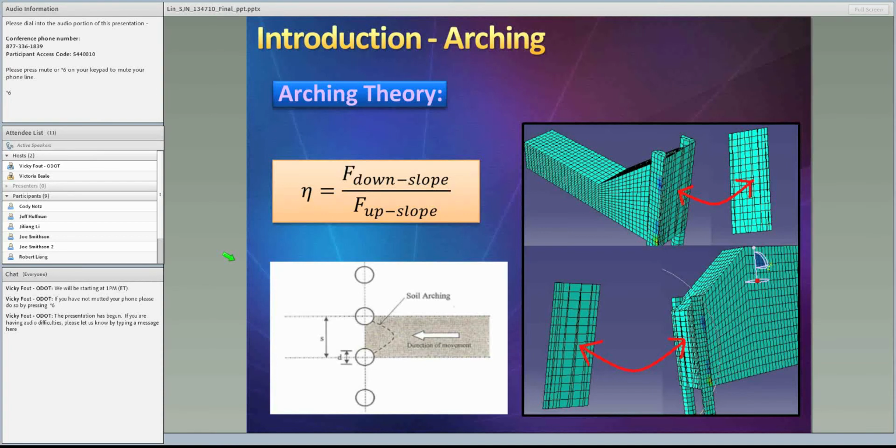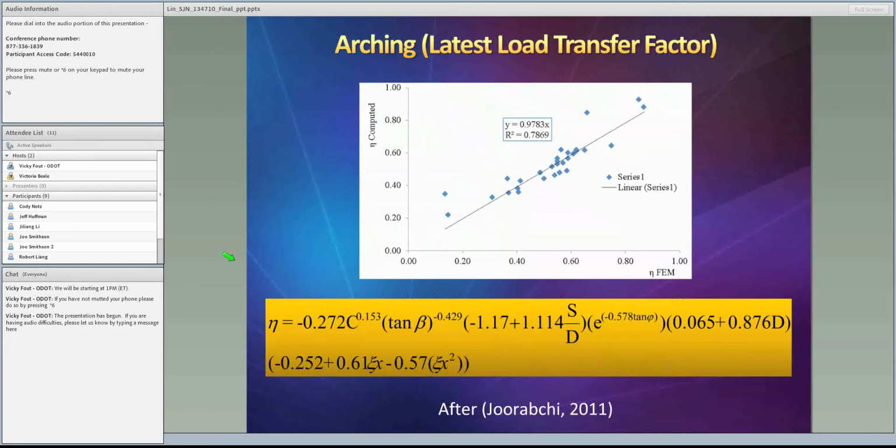And this equation is the latest semi-empirical equation from 2011 that was generated by John Robert Chi, who is a graduated student of Professor Liang, and he used 41 finite element 3D Abaqus models to develop the equation.